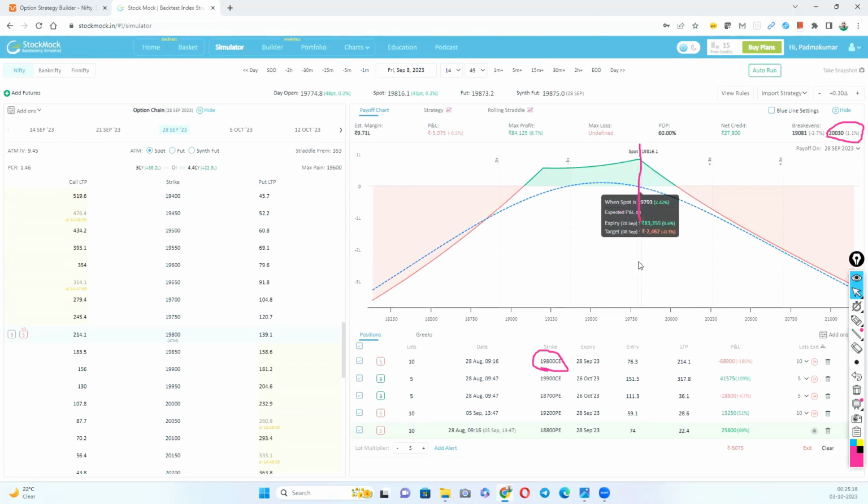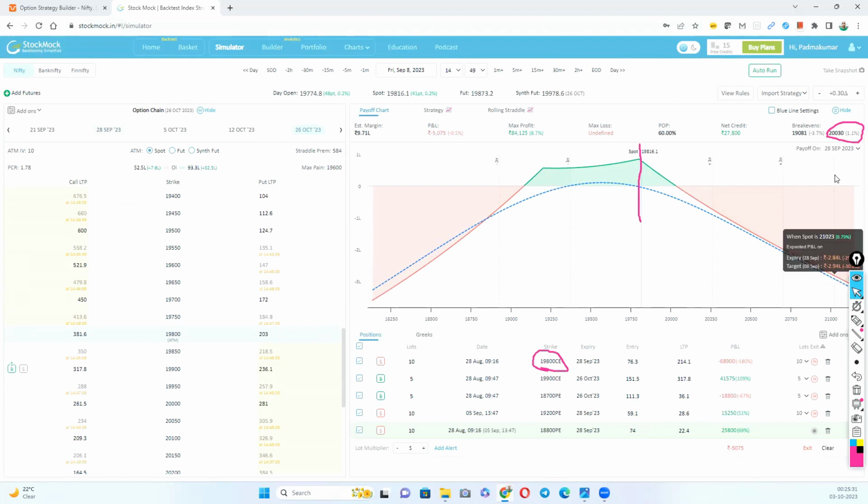So spot is around 19,800. So we'll add the hedge from the next series, that is October, at break even 20,000. We'll have to choose the strike of the tested side break even, that is 20,000.